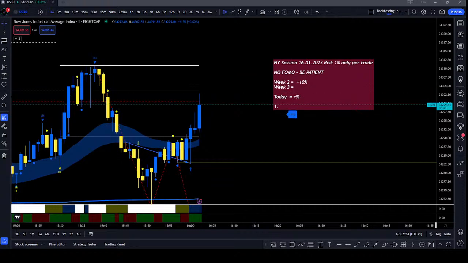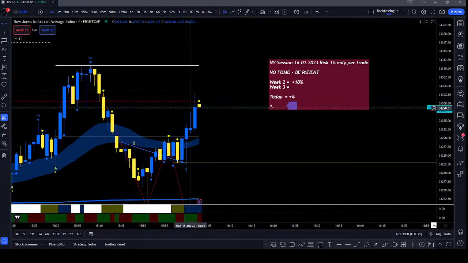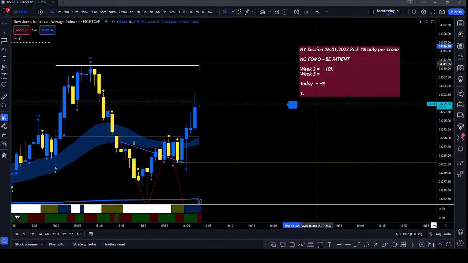So 9 seconds, 7 seconds to go. Five, four, three, two, one. So no entry on this candle as well.